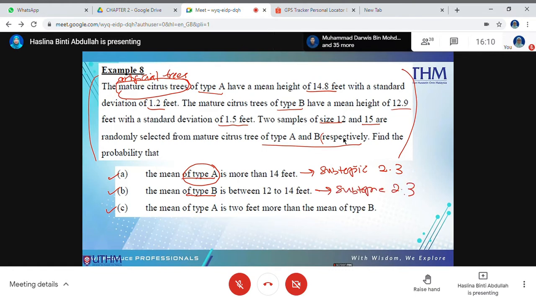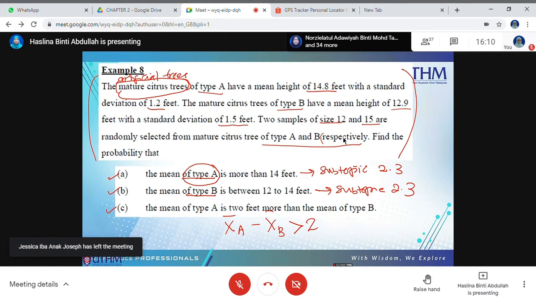For C, the mean of type A is 2 feet more than the mean of type B. So, X bar A minus X bar B larger than 2.